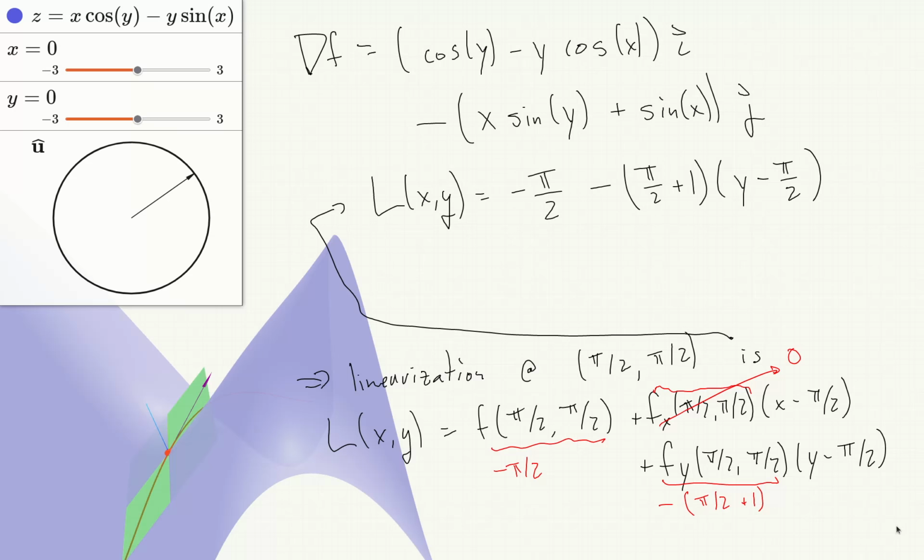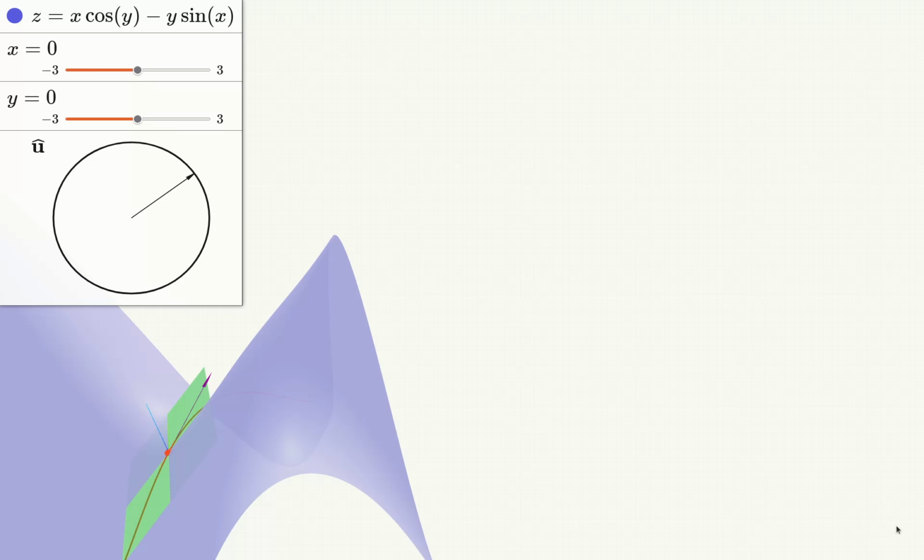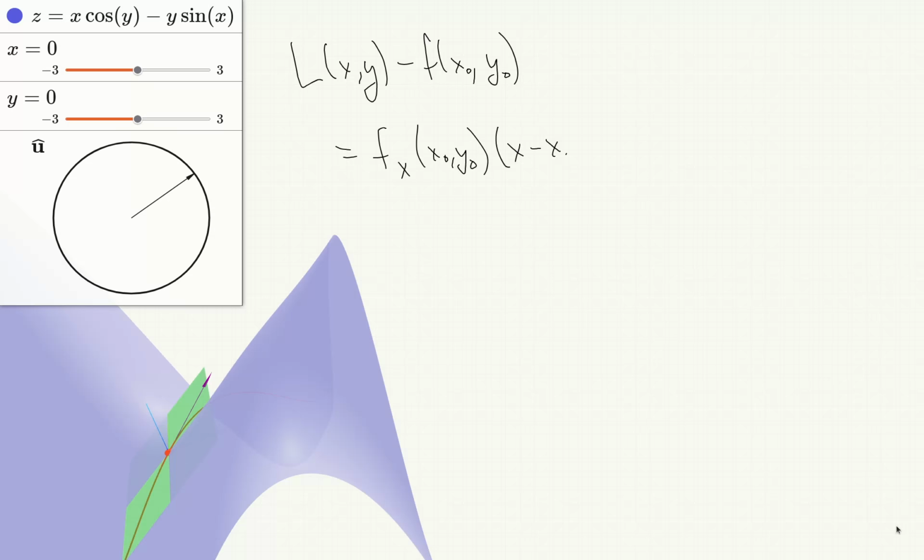We'll finish off with one more small comment. So we said the difference between the linearization and the original value at the original point is fx at x0, y0 times x minus x0, plus fy at x0, y0 times y minus y0.